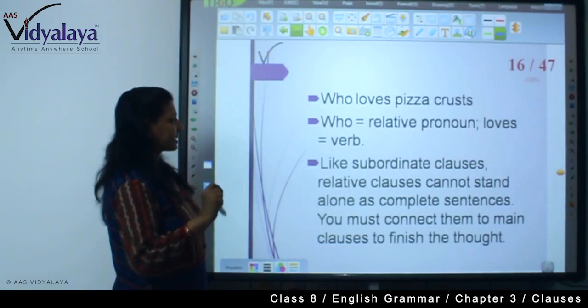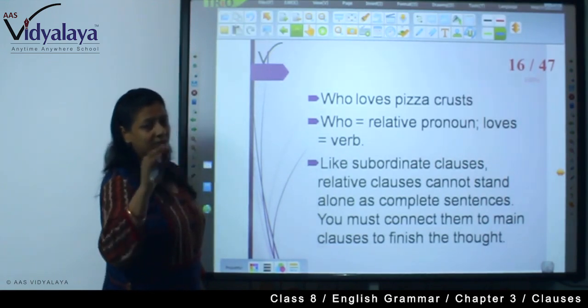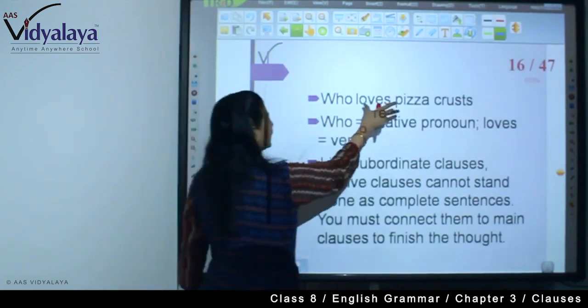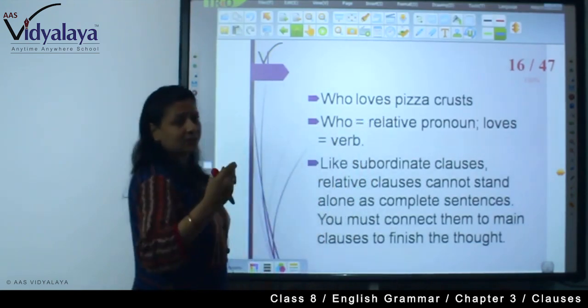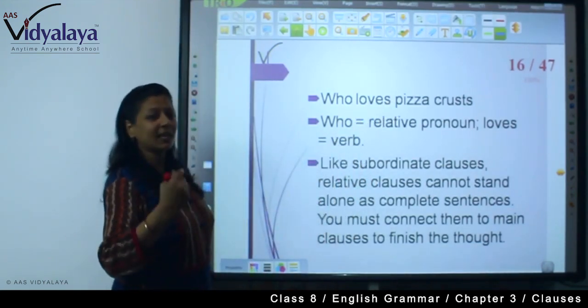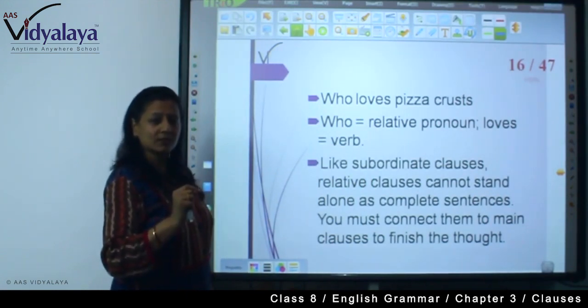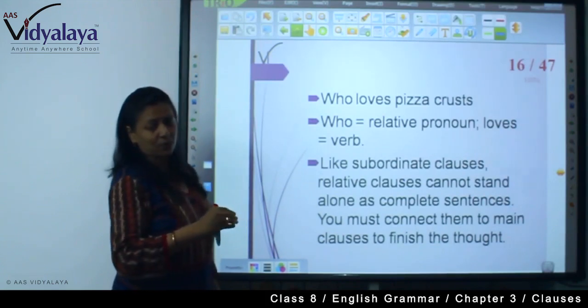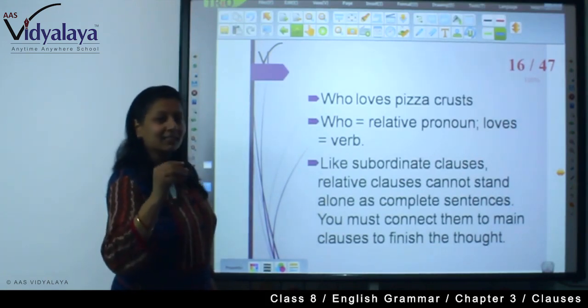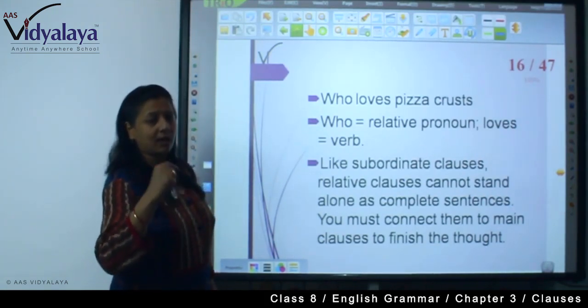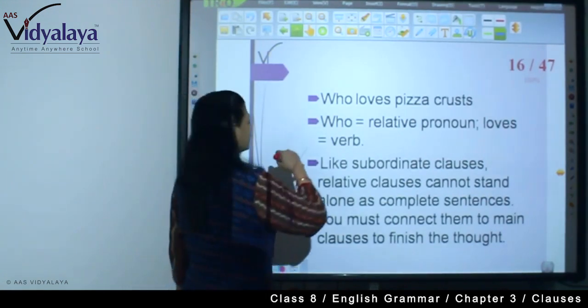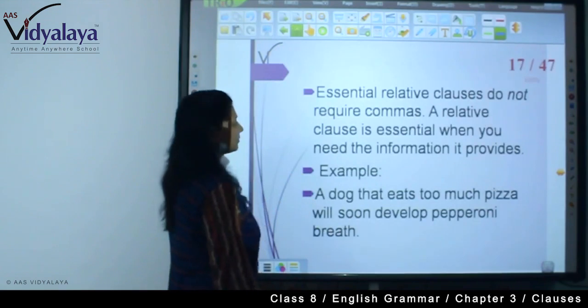So once we connect it to the main clause, it will give you a proper meaning. But these are the things that give your writing a unique style. So relative clauses are like dependent clauses, and with the relative clauses we write in a very powerful, very skilled way. So these are very important.